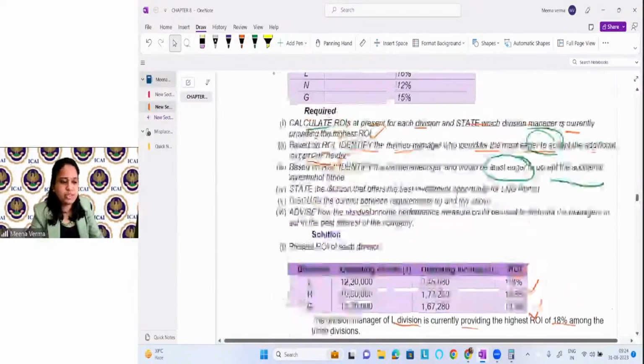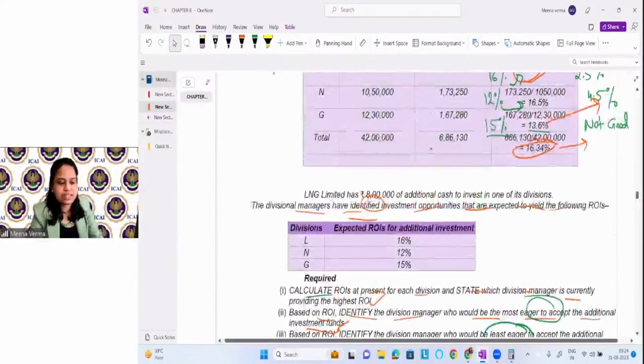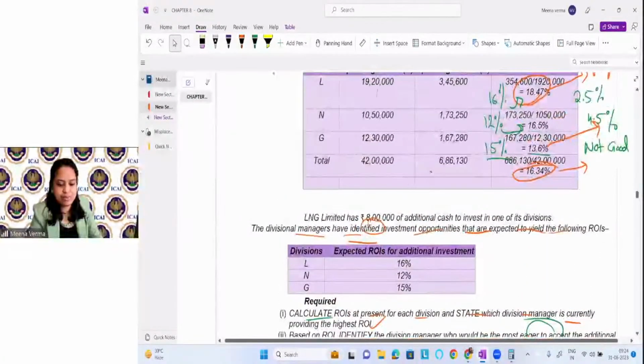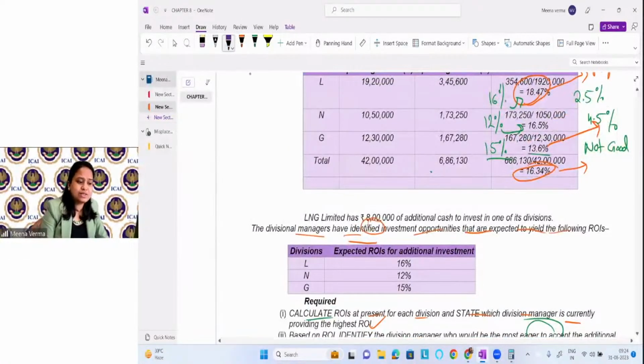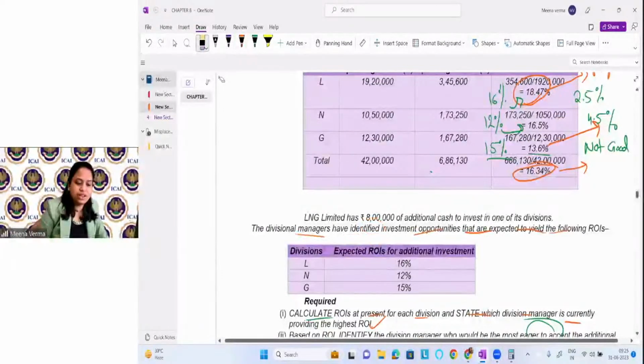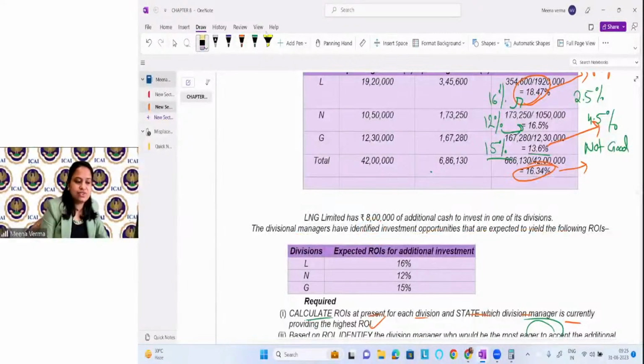It is mentioned here that if any of these divisions accepts this additional fund of 8 lakh rupees, what will happen?